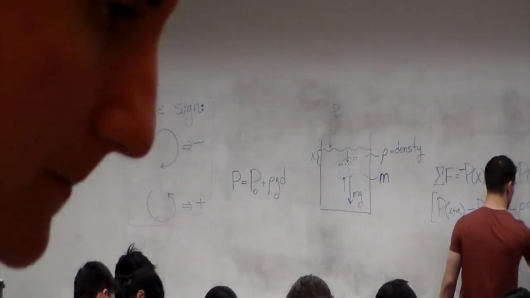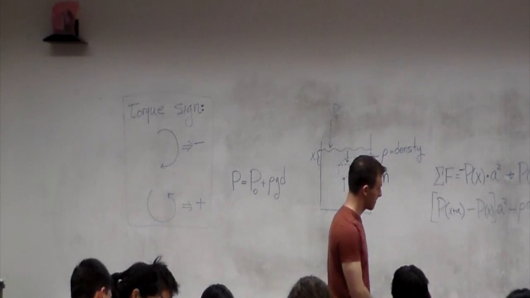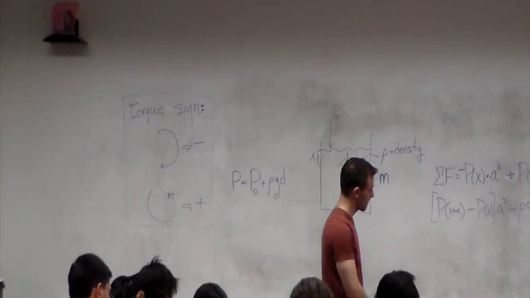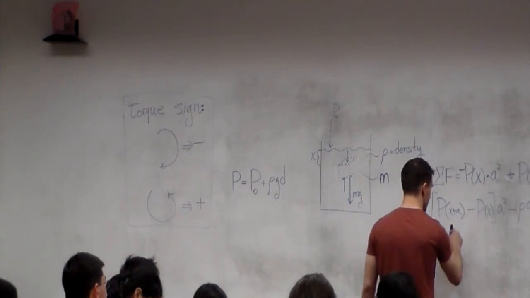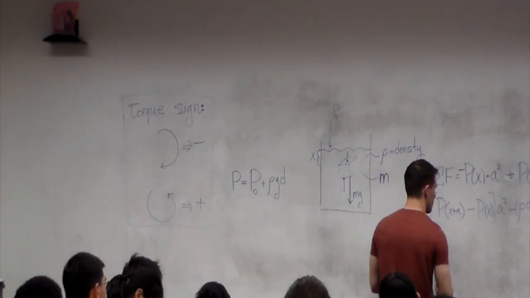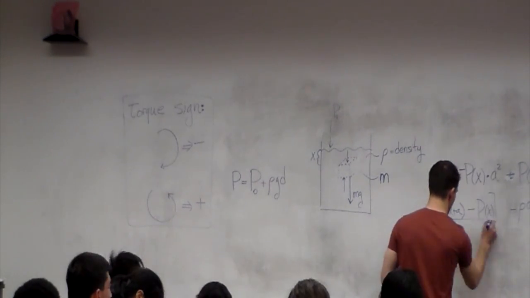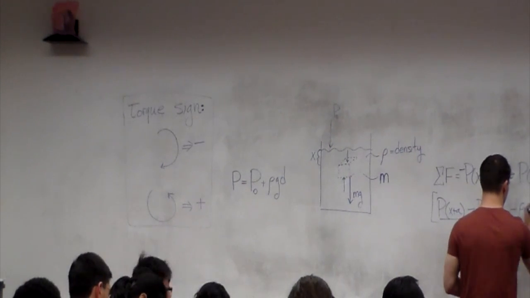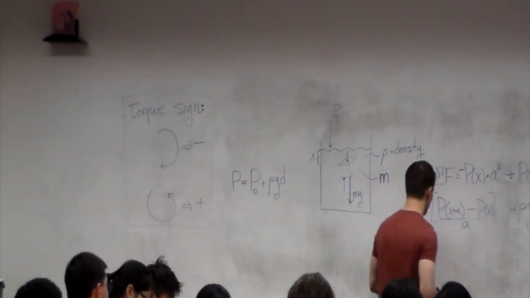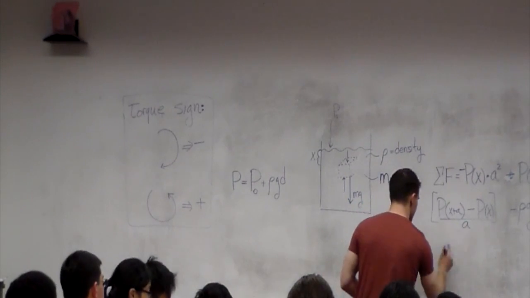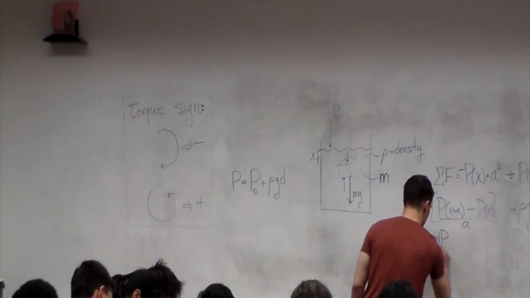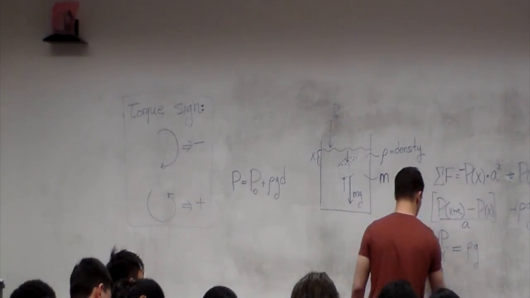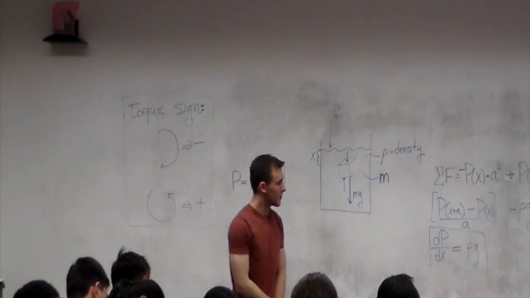And this is equal to 0. So if I divide everything by a cubed, then I get this, and I get this, g is equal to 0. Okay. So that's how that's derived.